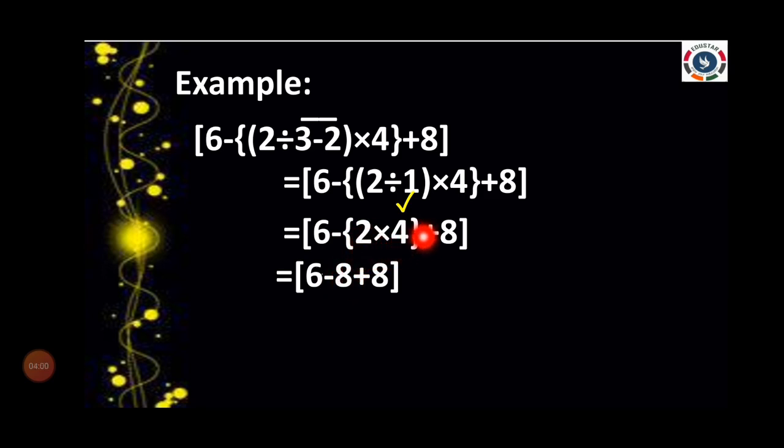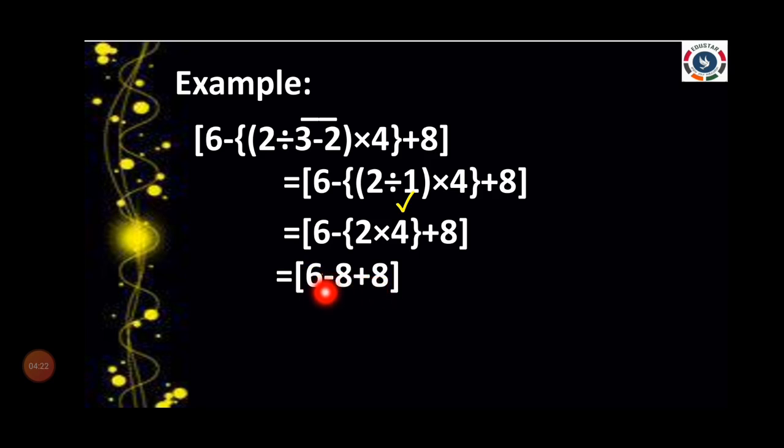We solved it, so remove the bracket here. If we solve the sums, we have to remove the brackets. So 2 into 4 is 8, right? Then plus 8. Then the square bracket we have at last. So inside the square bracket we have 6 minus 8 plus 8.